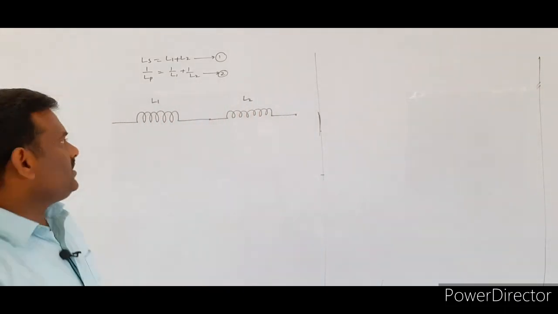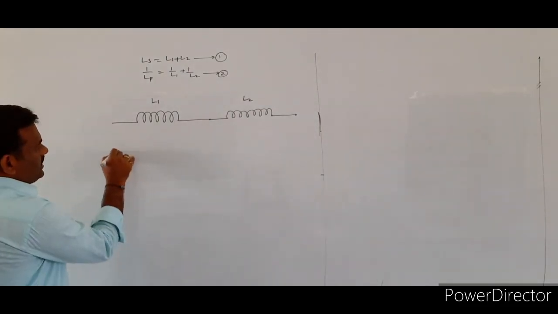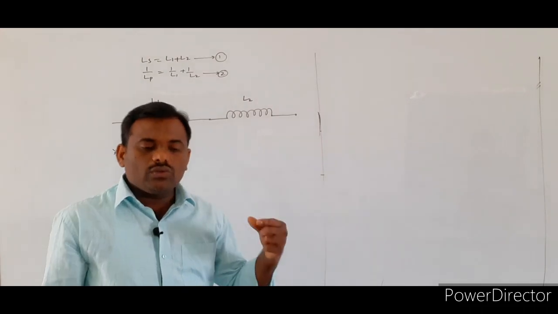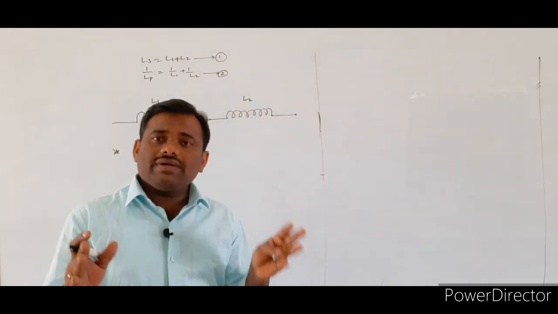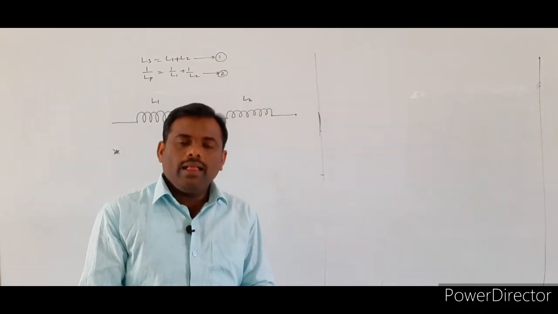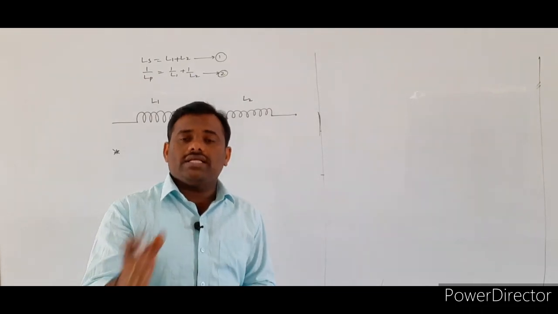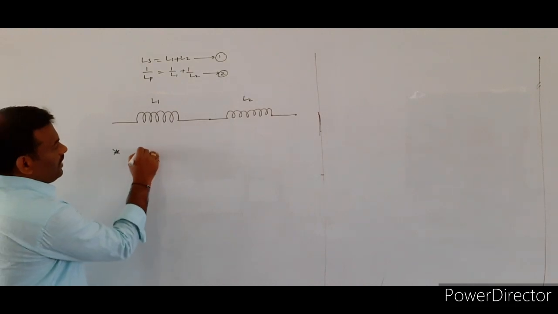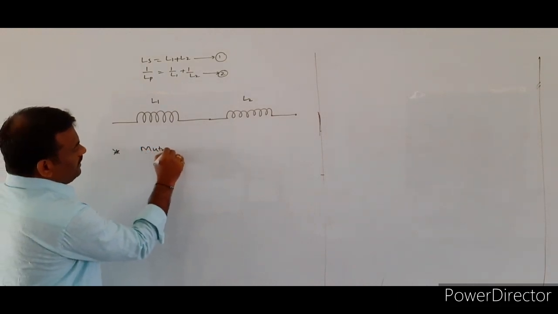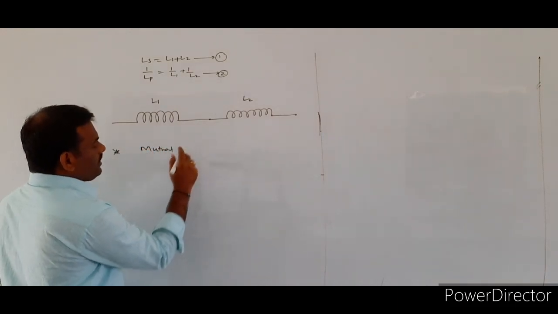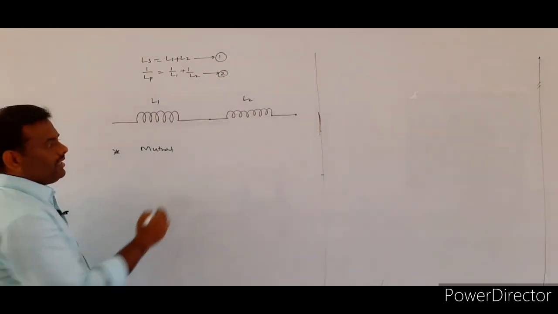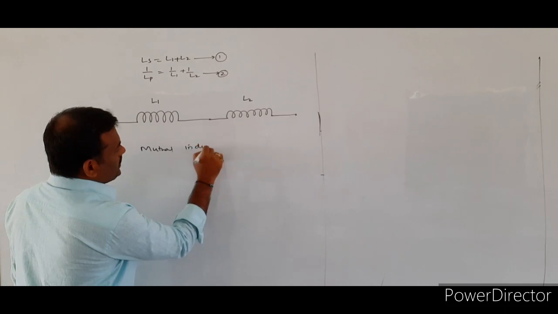Here I am assuming that whenever you consider two different coils, and whenever these two different coils will be placed nearer to each other, we will observe the phenomenon of mutual induction.